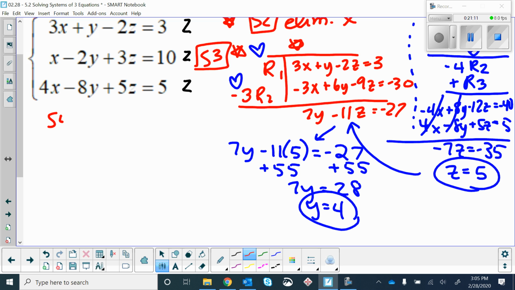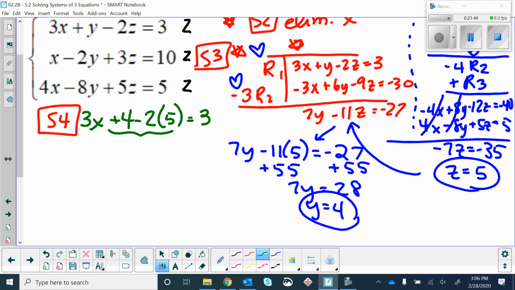So here's step 4. Take both of those things and plug them into any of the original equations. Which would you like? Equation 1, 2, or 3? 1. Okay. So that is 3 times x, which we don't know yet, so it stays x, plus y, which we know is 4, minus 2 times z, which we know is 5, equals 3.